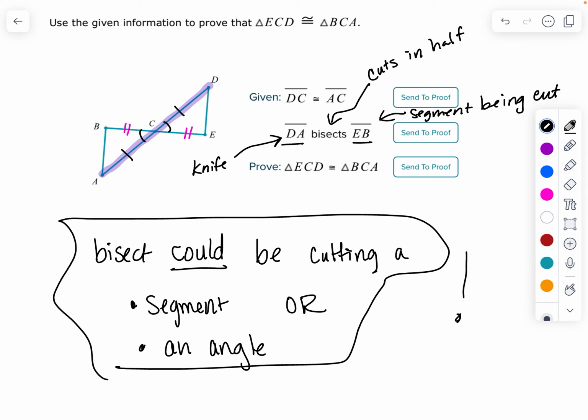Pay attention, okay? It could be an angle bisector, could be a segment bisector. You have to pay attention to what that thing is that it's cutting in half. And then you have to write it out appropriately, okay?